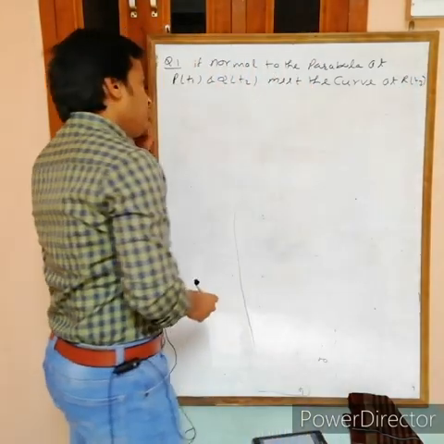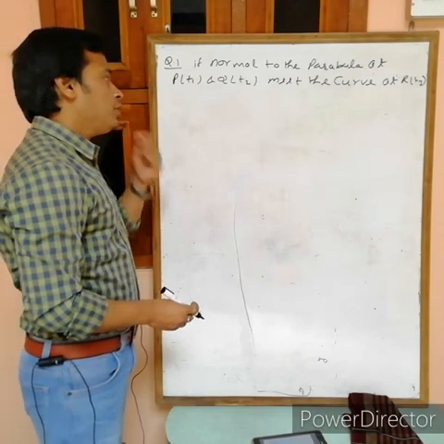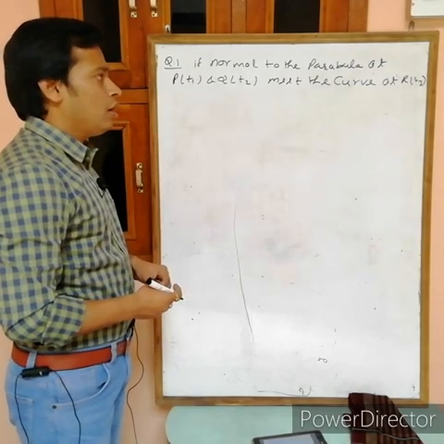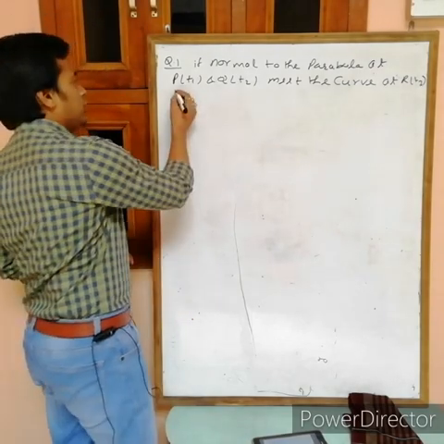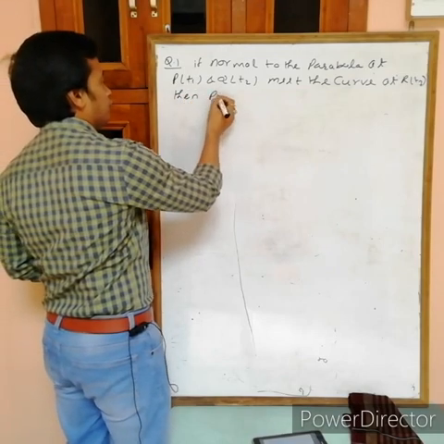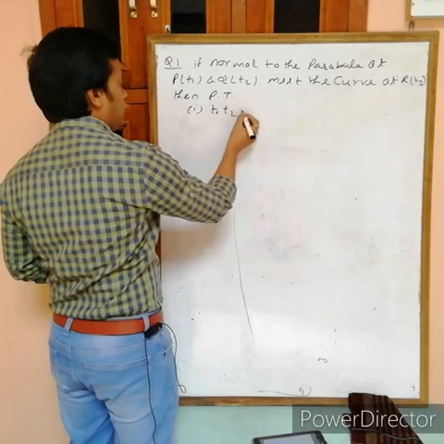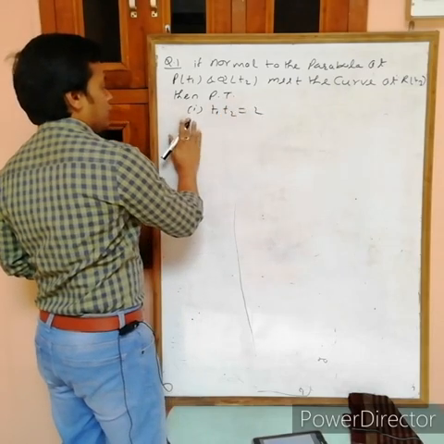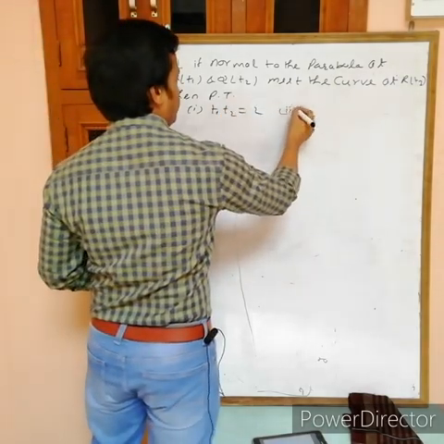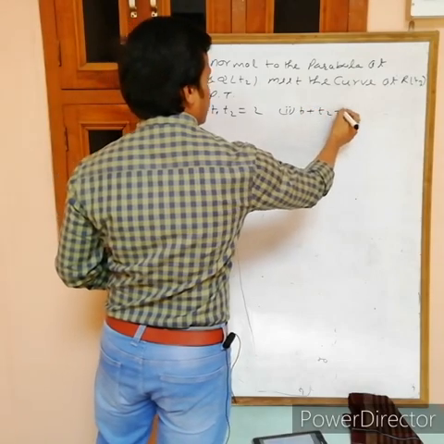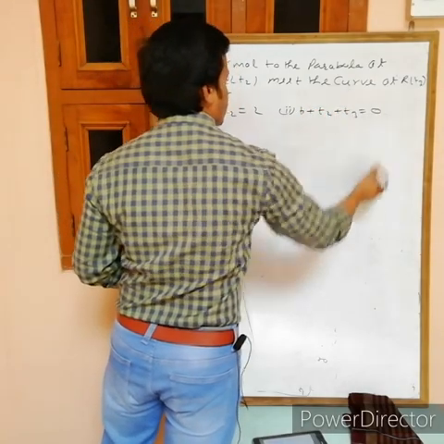Okay, normal to the parabola at P and Q meet the curve at R. Then prove that first one, T1 T2 equals 2, and second one, T1 plus T2 plus T3 equals 0.